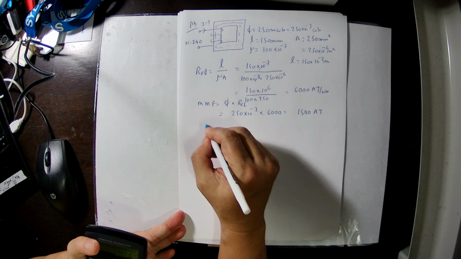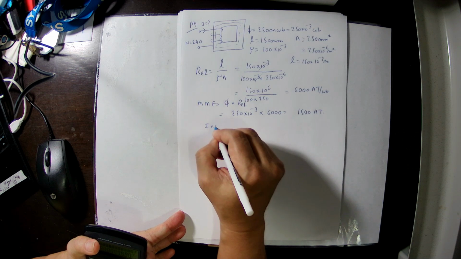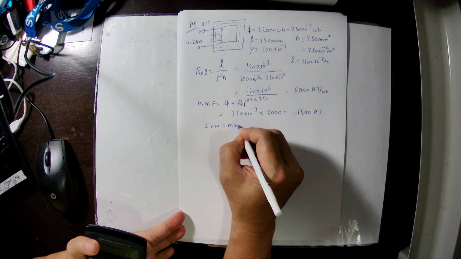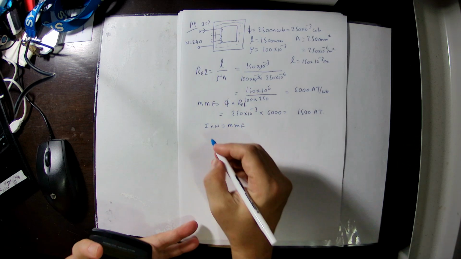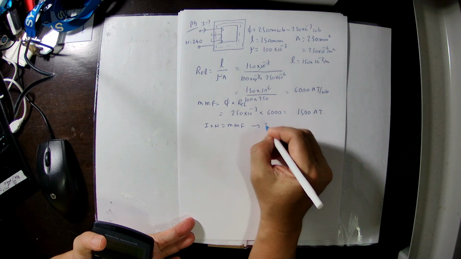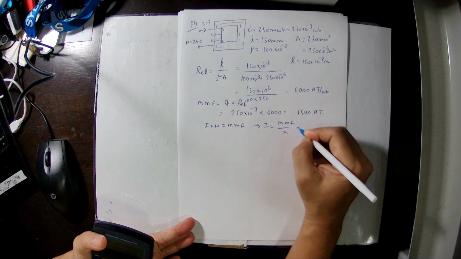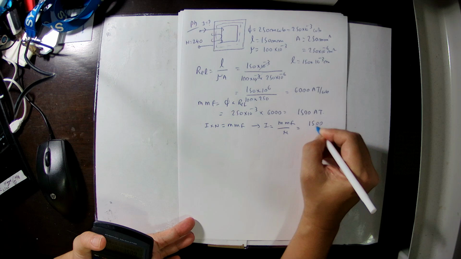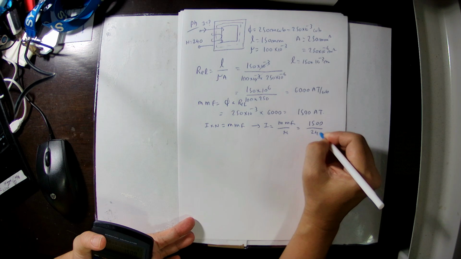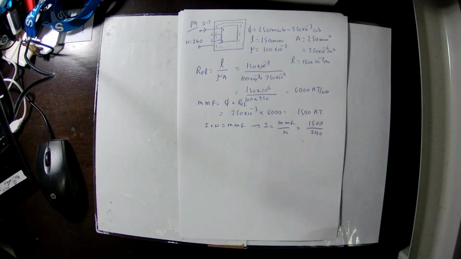I multiplied by N is equal to MMF, so now I can be calculated as MMF divided by the number of turns. The magnetomotive force is 1500, number of turns is 240. Then you can calculate the current.